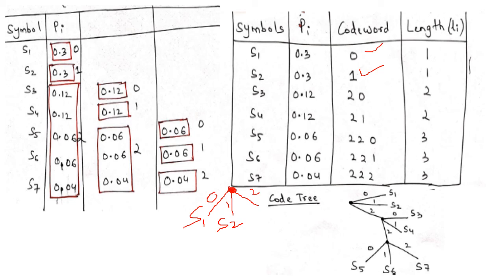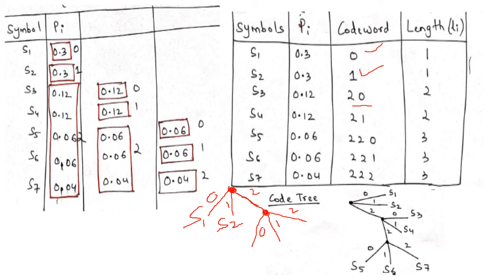So next code word is 20. So it begins with 2. So at 2 branch we'll have a decision point with three decisions, that is 0, 1 and 2.